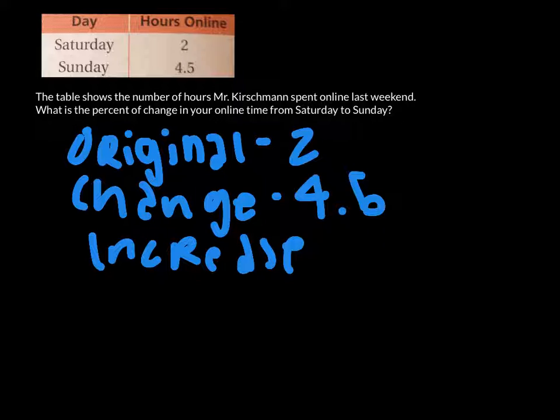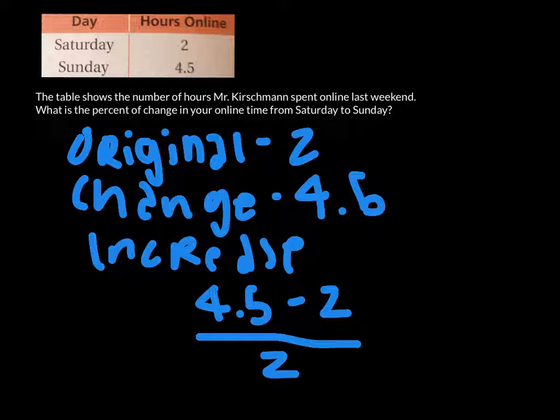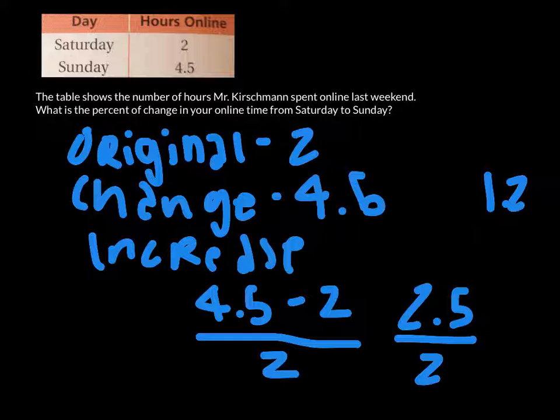So we're going to use our increase equation. We know that we have to put the new amount minus the original amount divided by the original amount. So that's 4.5 minus 2 over 2. 4.5 minus 2 is 2.5 over 2, and 2.5 divided by 2 is 1.25, okay, or 125%.